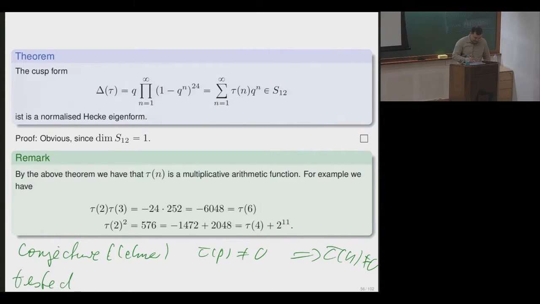It's tested up to very large primes, about 20 digits or something like this, or 27 digits.